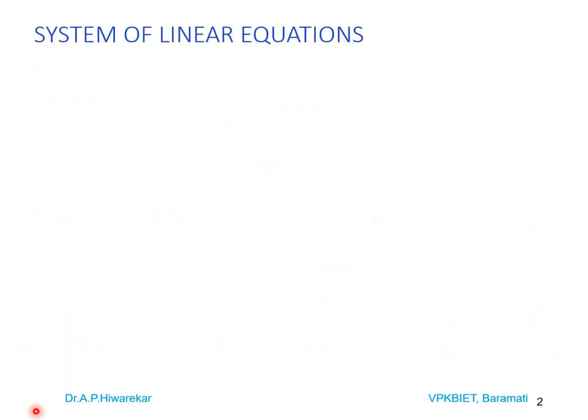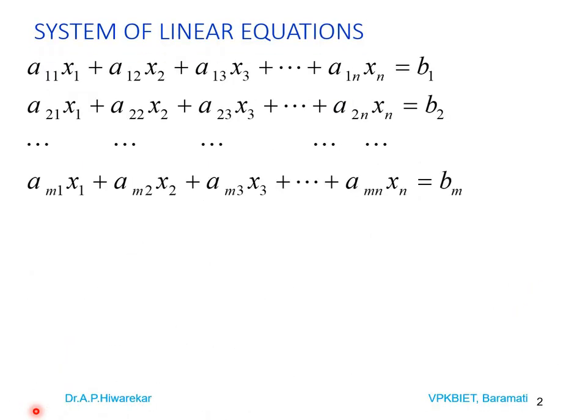First we will see system of linear equations. We consider the system a11x1 plus a12x2 and so on up to a1nxn is equal to b1, a21x1 plus a22x2 and so on up to a2nxn is equal to b2.